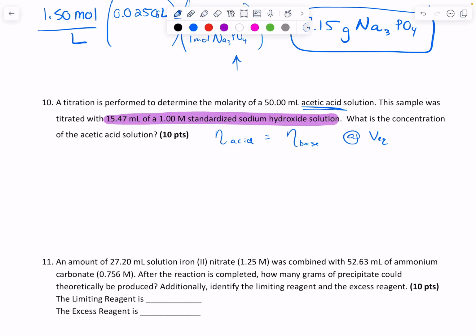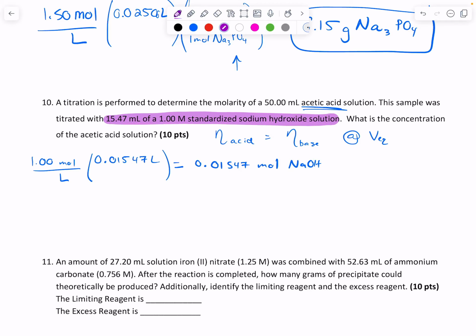First we can use that volume and that molarity to convert into moles of sodium hydroxide. So we have 1.00 molar, which is moles per liter, times my volume, 0.01547 liters, converted to liters so my units cancel, and that gives me 0.01547 moles of base, NaOH.